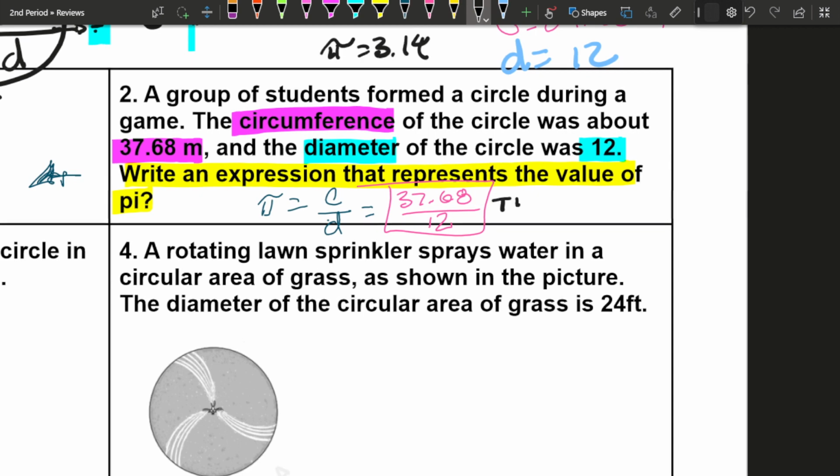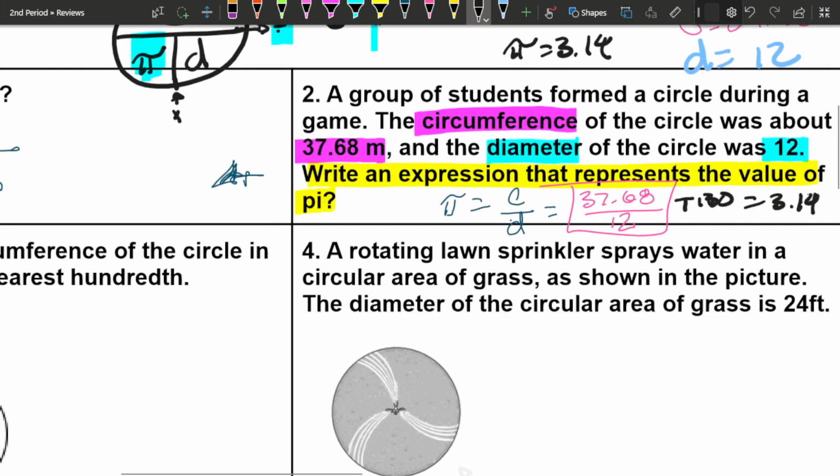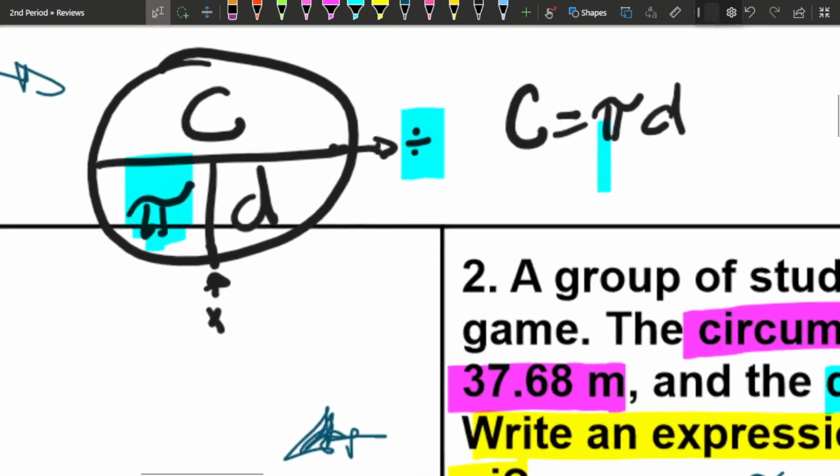They're not asking us to do that, but if you did, you would get that. Any questions so far? No. All right. Again, use this circle right there, and you should be good to go. Cover whatever they're asking for, and then set up your fraction.